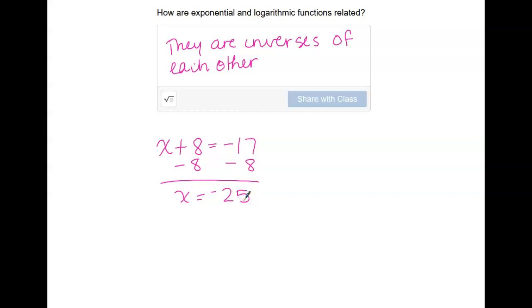Same thing for multiplication and division. So if you have x divided by 7 is equal to 32, you would multiply both sides by 7 because multiplication and division are inverses of each other. They undo each other. So x would be equal to 224.